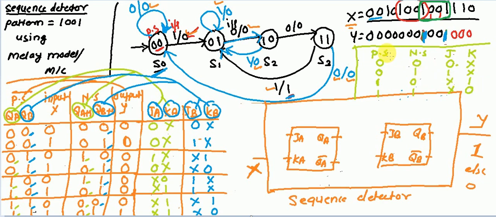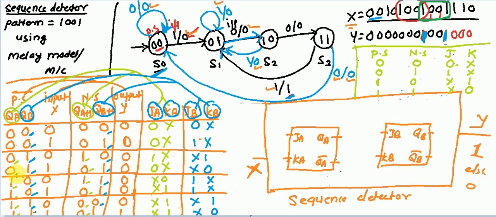Now by taking the help of this excitation table, we have to get the values of JA, KA and JB, KB. So look at the first combination. Here JA and KA values depend on the combination of QA and QA plus. If present state is 0, next state is 0, J is 0, K is don't care. If present state is 0, next state is 1, JA is 1, K is don't care.